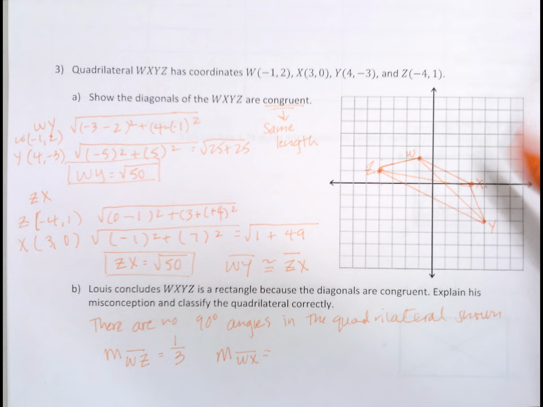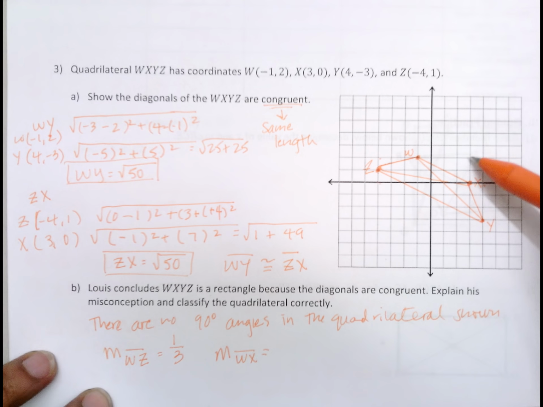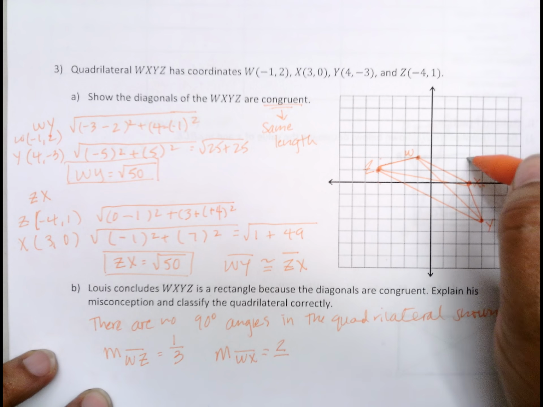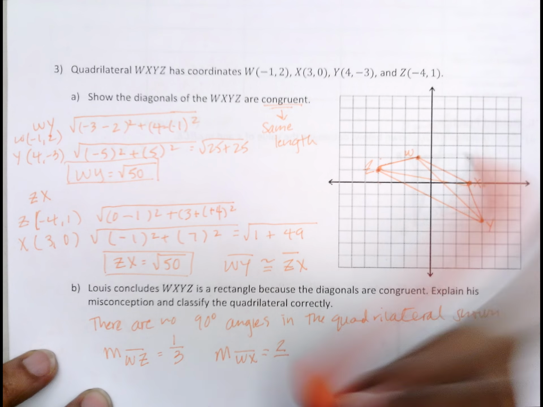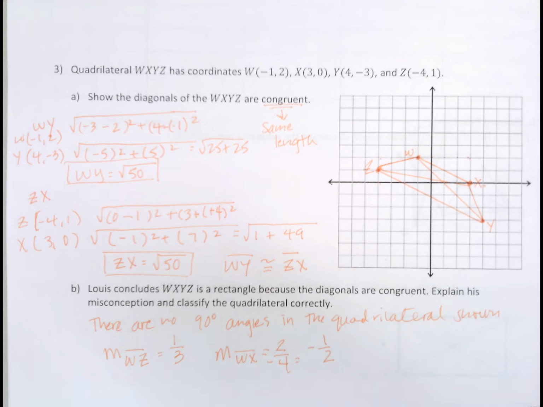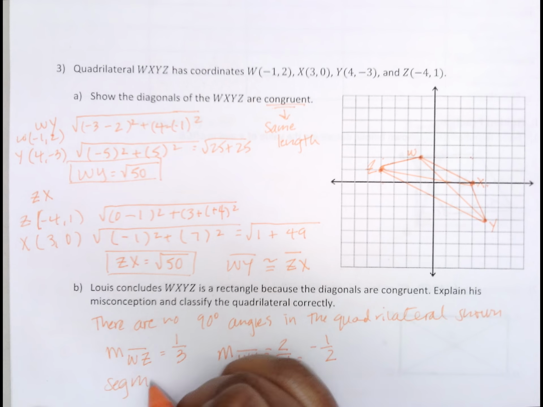So WX, let's see, if I'm going to go from here to here, I need to go up 1, 2, and over to the left. So up 2, to the left, 1, 2, 3, 4, 2 over -4, which is -1/2. Okay, so segments are not perpendicular to each other.